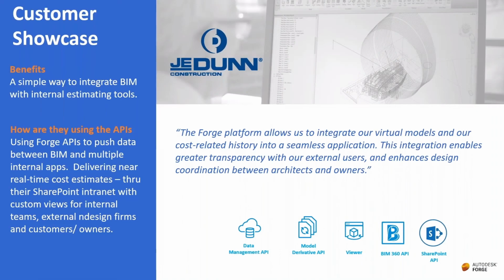All right, so insights. I'm just gonna give you a couple of pointers here of what people are doing. So this is Jay Dunn in the States, I think it is. Essentially, what they wanted to do was bridge the gap with the architect, for instance. If you're on a construction site, this is a construction company, right?